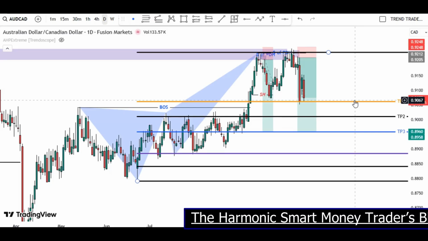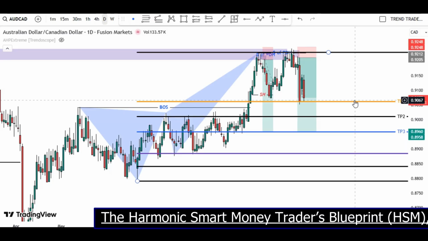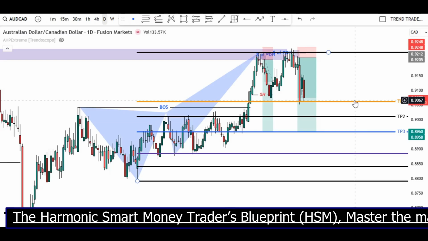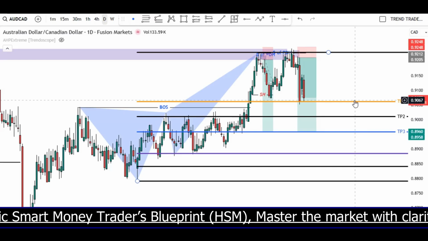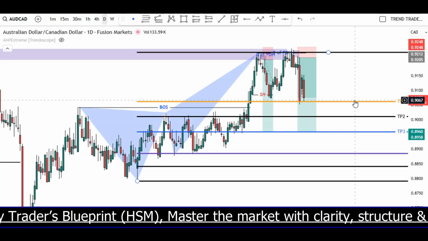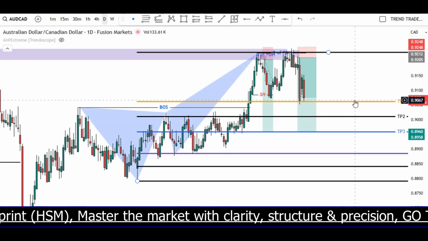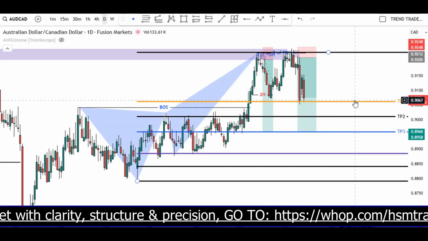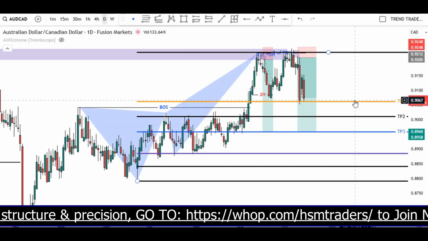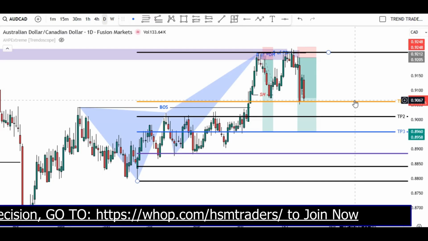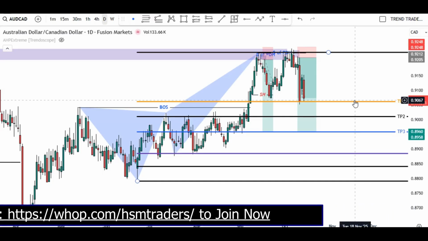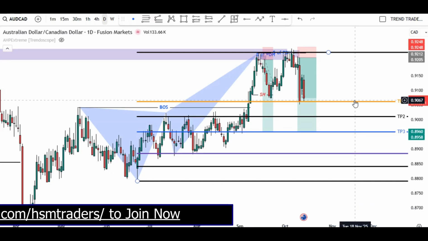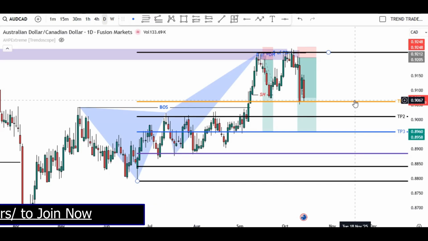It's not something that is new. It has been proven to work in any market condition: consolidation, ranging, trending, any market condition. Harmonic patterns work. Okay, and it's not something that you are going to waste your time to learn. I am a living testimony of this, and it works very well. When you combine it with key level, you combine it with liquidity sweep, and then you combine it with clear entry, you will see tremendous results in your trade.